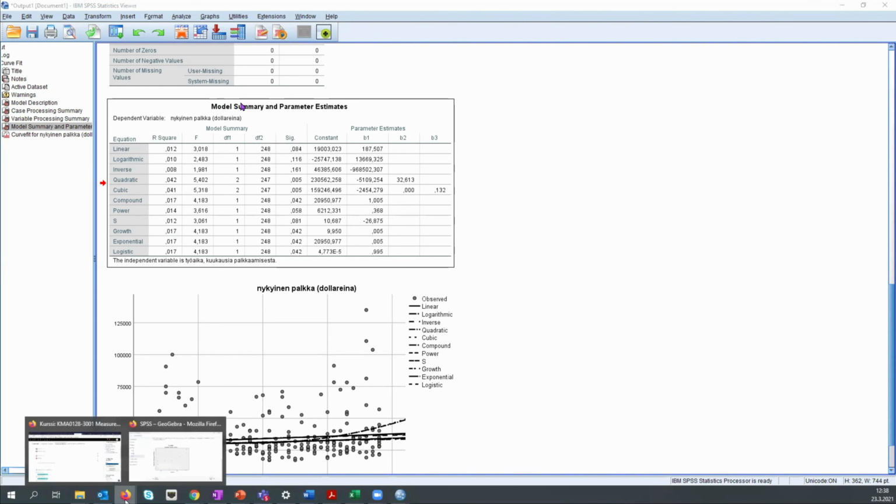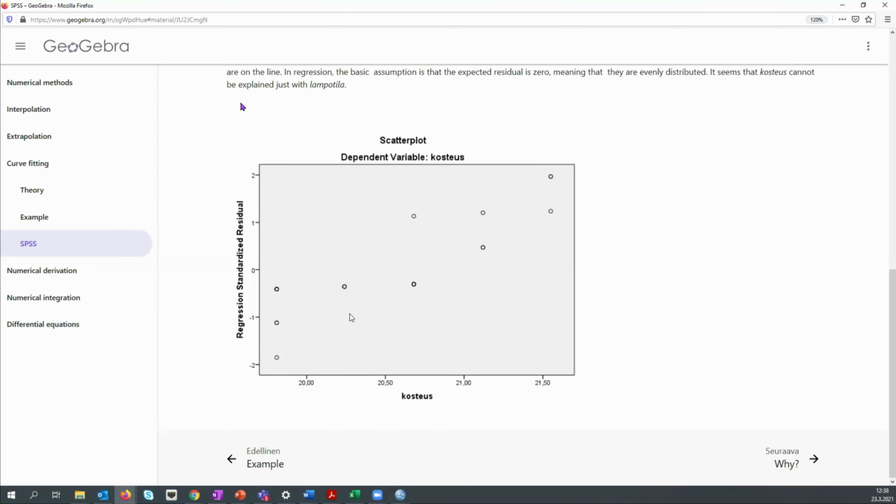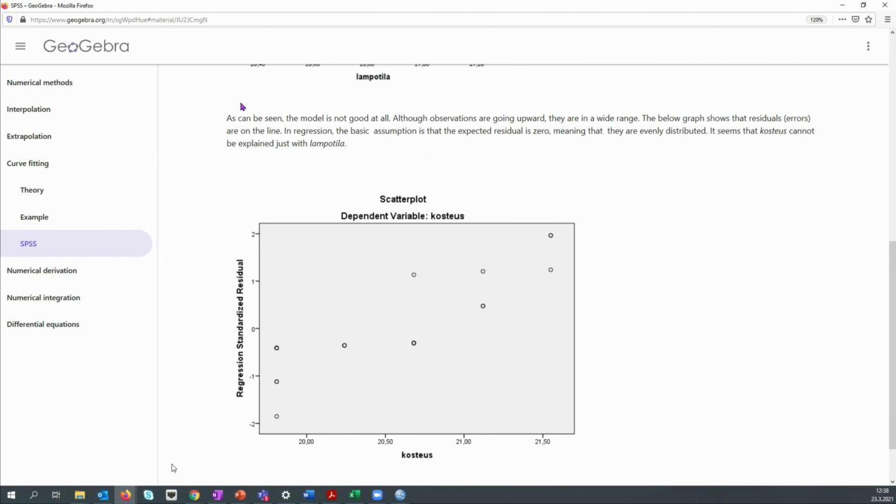So as you see, this part of the lecture is quite a short one because all these are connected to each other.